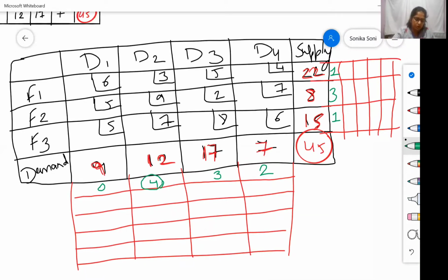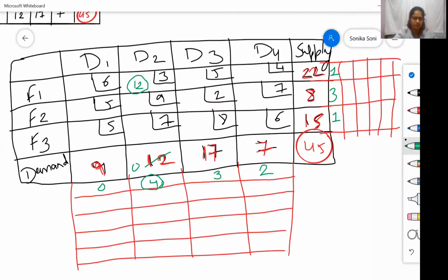Now, in the D2 column where we have the highest penalty, which one has the lowest cost here? The F1 D2, which is 3, is the lowest cost. Now, how much can we allocate here? We can allocate a maximum of 12 because we have 12 as the demand, although 22 is the supply. 12 is the maximum allocation that can be done.